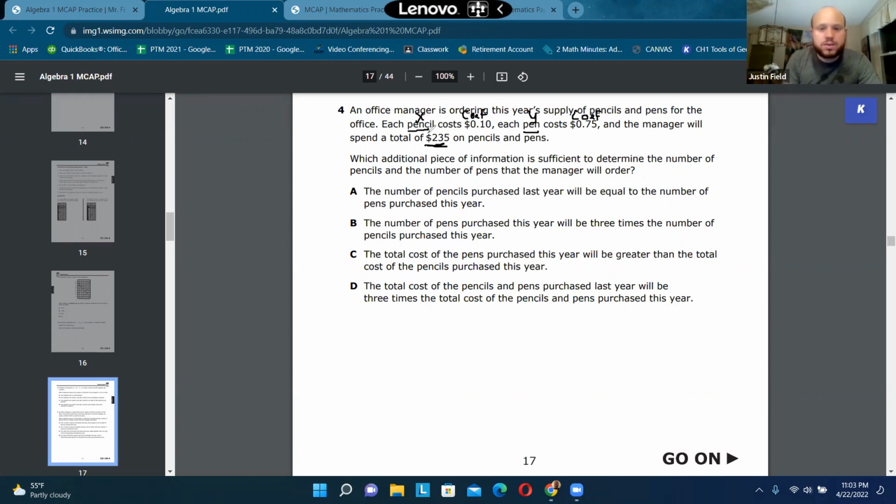So I'm just going to say that I can set up the equation like this based on the information I just read. This is a total cost equation. But now let's see what we need to find.